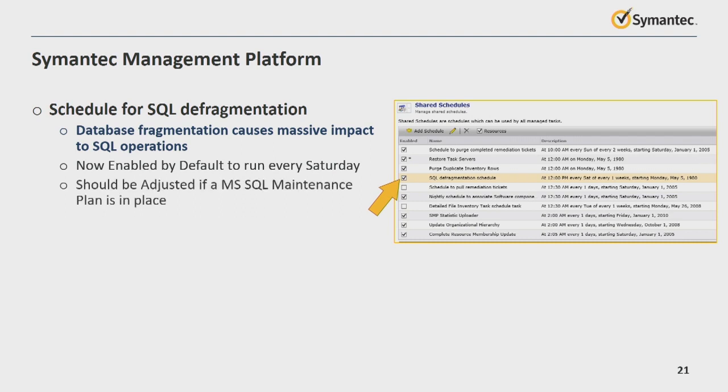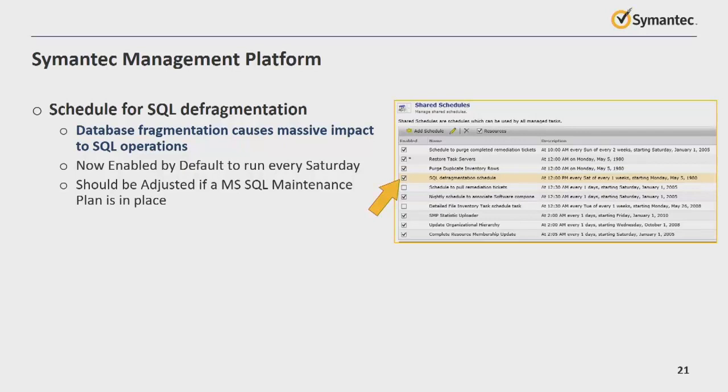Okay, so one of the things you should realize too, if you already have things like maintenance plans and so on SQL, you would want to come in here and disable it. What is the harm? Well, the chances of 2 going at the exact same time running a defragmentation process would be unlikely, but you can never have too much, right? Okay, so it's just one of these things that, we're doing a nice thing for you, right? Trying to keep your database nice and clean.